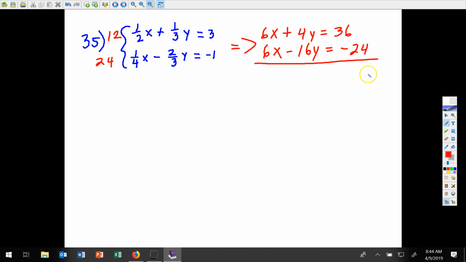So now we've set up elimination of X with subtraction. And so you just have to keep in mind, remember 4 minus negative 16 is really 4 plus 16. That's 20Y. And 30 minus negative 24, that's really plus, is 60.